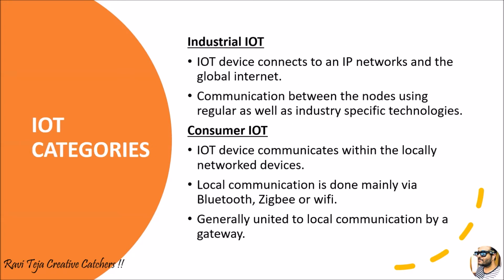Now, if you see the IoT categories, mostly the IoT (Internet of Things) devices are categorized into two types. One is industrial IoT and another one is consumer IoT. Industrial IoT is nothing but the devices, or the electronic devices, which are connected over the internet using an IP address.